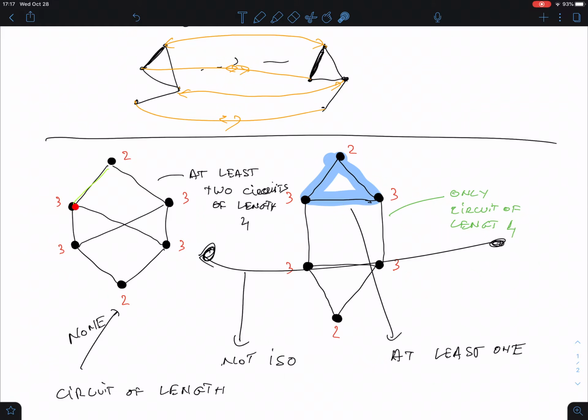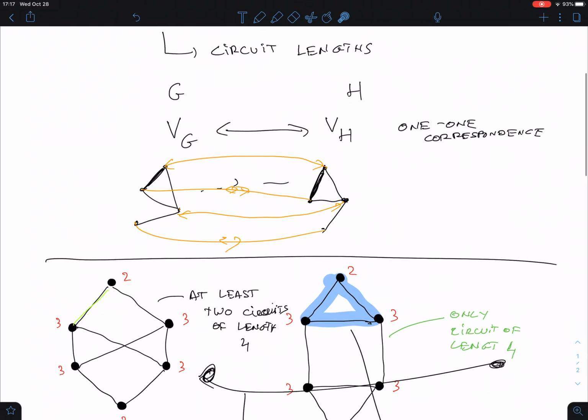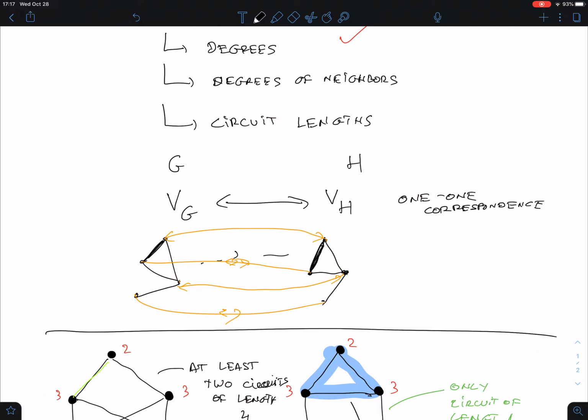What about the degree 3 neighbors? A degree 3 has 2 degree 3 neighbors and 1 degree 2 neighbor. And is that the same here? 1, 2, yes. So here, although I have not really checked it, this would actually not tell them apart.